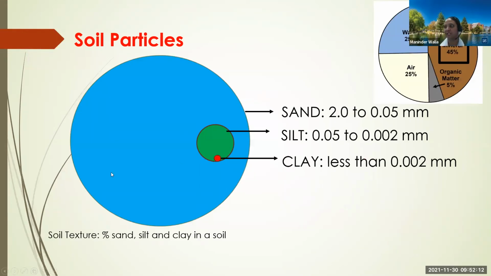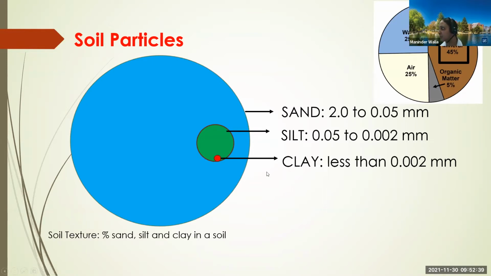So among the basic properties, texture is another factor, but before that I told you about the composition, the components, and that 45% by volume is the minerals, which is composed of sand, silt, and clay. The soil separates are specific ranges of particle sizes, and these proportions affect how soils feel to the touch, defining the term texture.